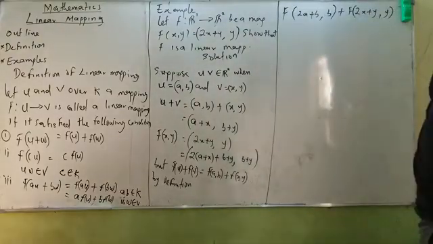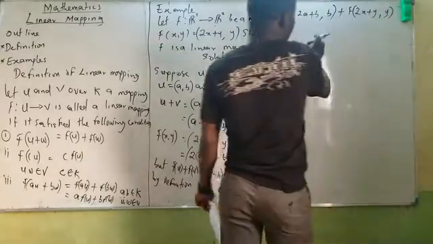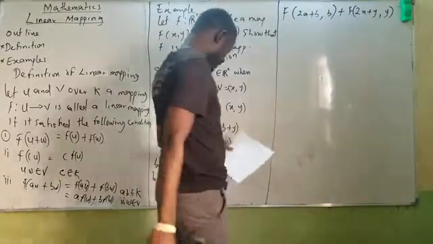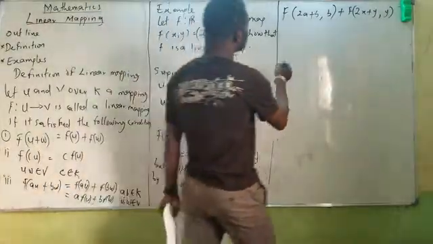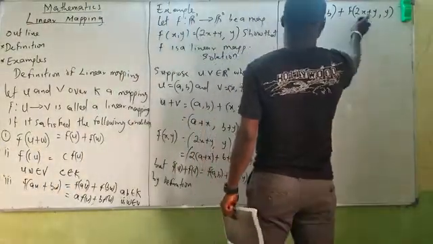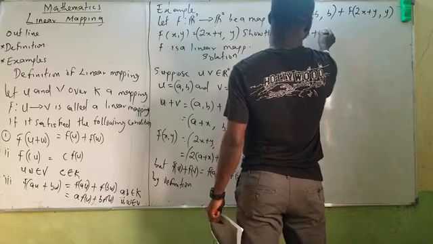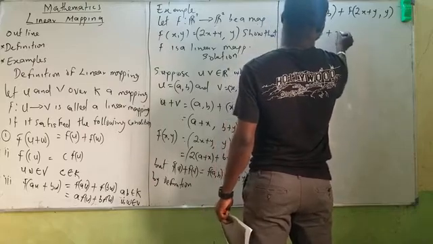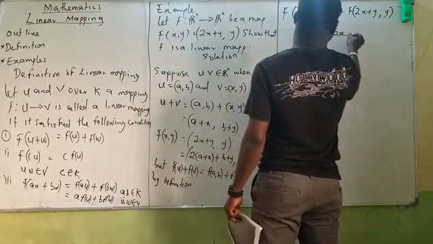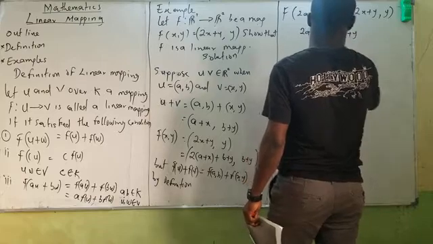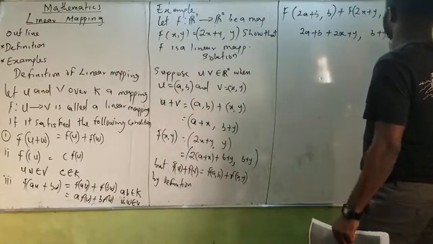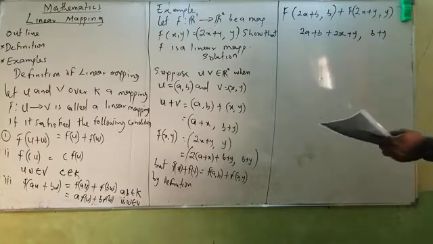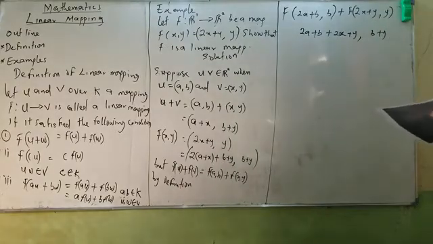Now, if I interpret this, I continue by having 2a plus b plus 2x plus y, comma b plus y. I think I'm not making a mistake. Yes, I think I'm very correct.